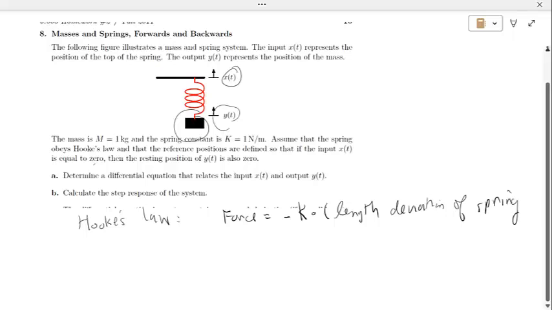What it says is that at the beginning, when x and y are 0, there's no force. So that means the spring has its reference length. The deviation is the difference from the reference length.